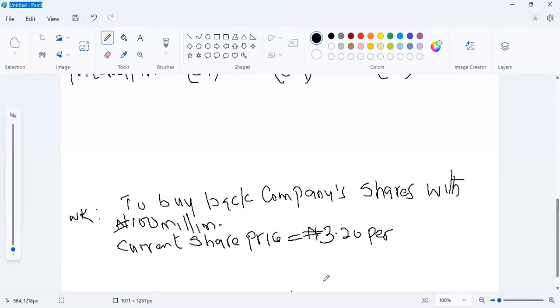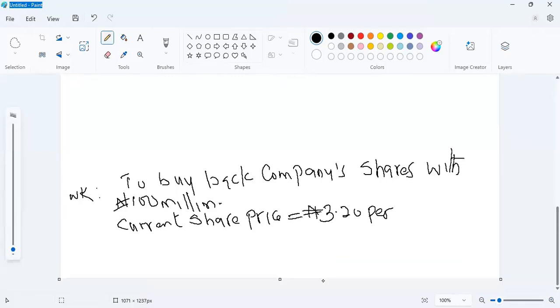So with 100 million, how many shares can we repurchase? 31.25. We have to work it out.